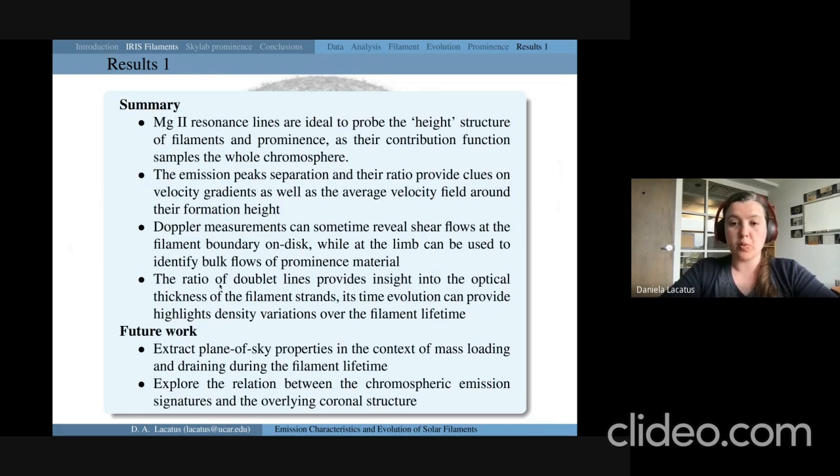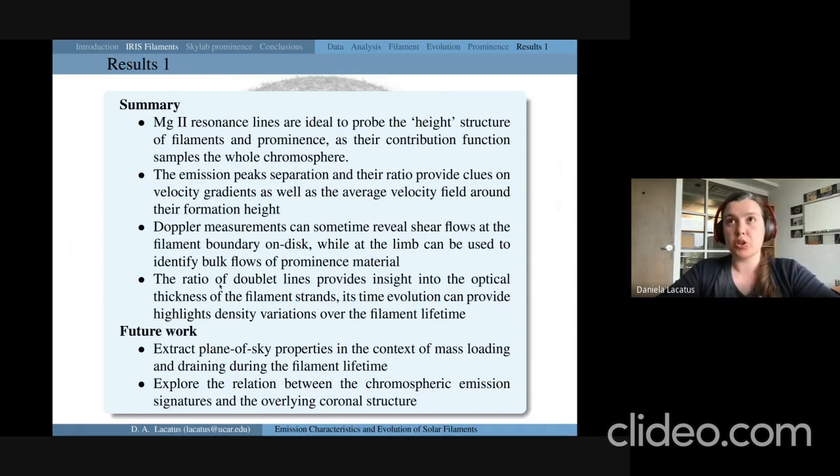Doppler measurements on this can reveal shear flows or flows that are loading up mass into the filament or draining it away. While at the limb, we can also see flows within the prominence happening along the prominence structure.